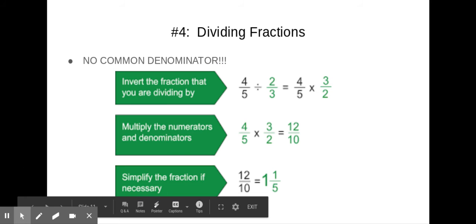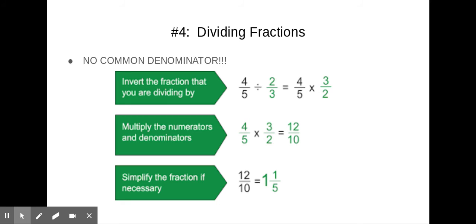Dividing fractions. This time we're going to do it the same way we multiply, but there's one step first. We have to invert the second fraction. So if I'm doing 4/5 divided by 2/3, 2/3 is my second fraction. What I need to do is flip it or find the reciprocal.